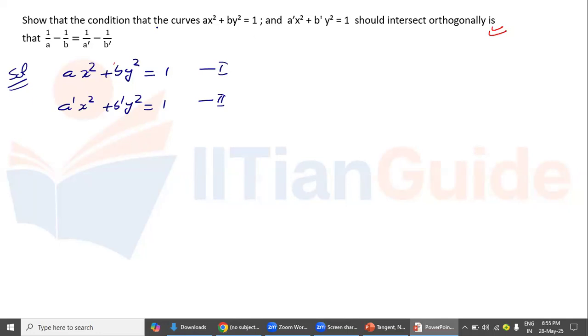In this question, I will have to calculate the point of intersection. But as I told you before, sometimes in a few questions we can avoid calculating the point of intersection, or I will not calculate both x and y coordinates; a single x coordinate or y coordinate is going to help us.